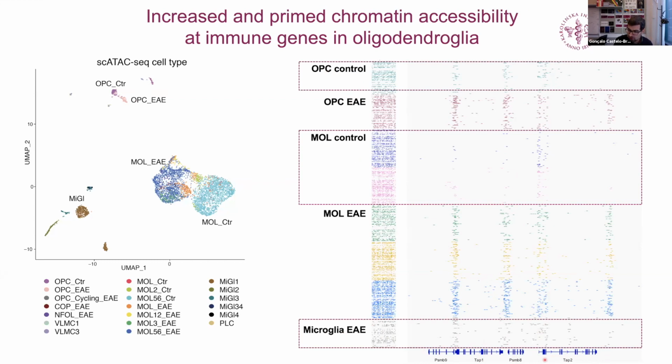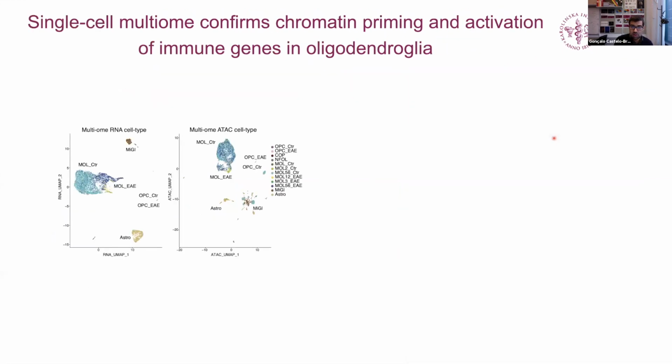But what was also quite interesting was genes like this one, TAP2, where actually we see chromatin accessibility across the board at the promoter, suggesting that even in control oligodendrocytes and progenitors, some of these immune genes might already have the chromatin open.